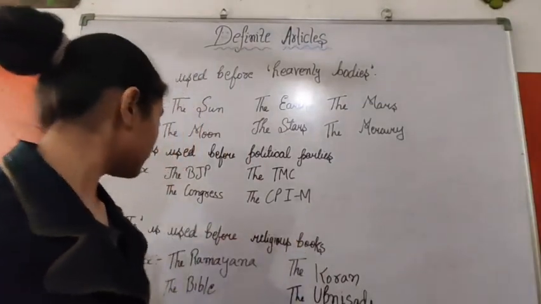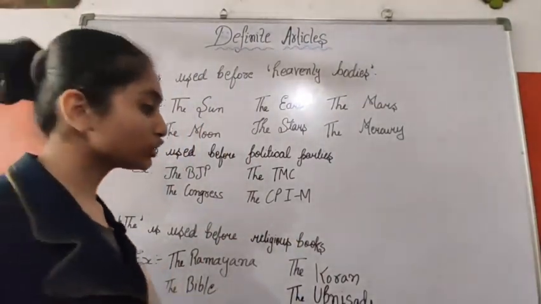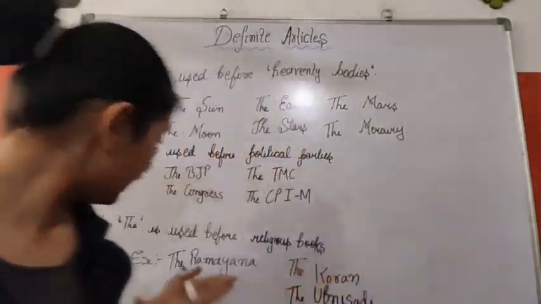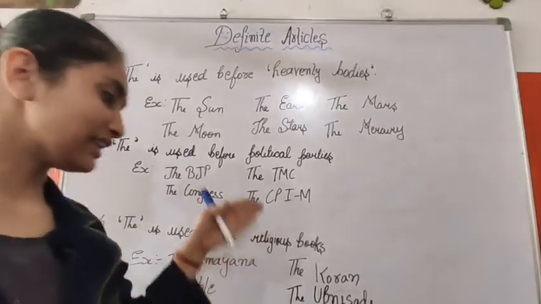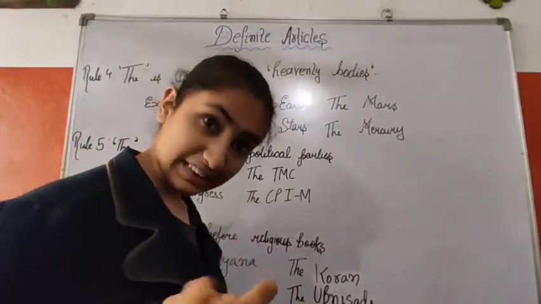So this was the fifth rule, and what does the sixth rule say? "The" is used before religious books. For example, the Ramayana, the Bible, the Quran, the Upanishad, and the Paradise Lost.